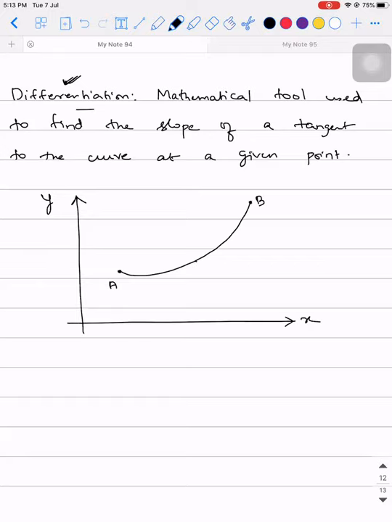If suppose I want to find the speed of the particle at point P. Generally, the equations of the curve are given by the expression y is equal to f of x. If you know what y is equal to f of x is, it is nothing but a function.